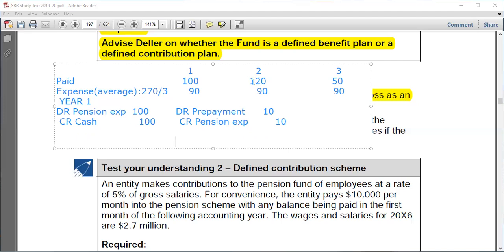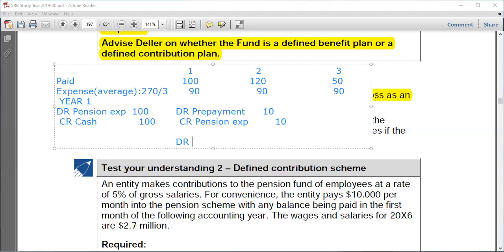What happens now? I have incurred 90, but I've paid 120. If this is the case, we say that I've paid 30 more. So in the second year, I've also paid something in advance.